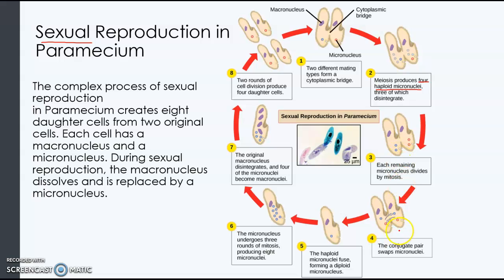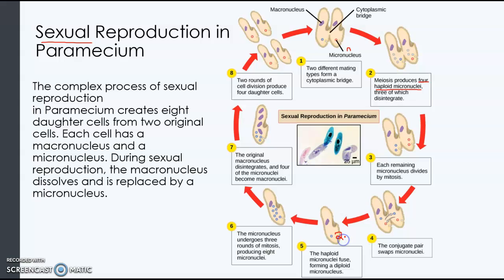And then 2 of them switch nuclei with each other in step 4. And then the micronuclei fuse, forming a diploid micronucleus. So now, before, this micronucleus was haploid, which we can put an N for haploid. But this micronucleus is diploid.